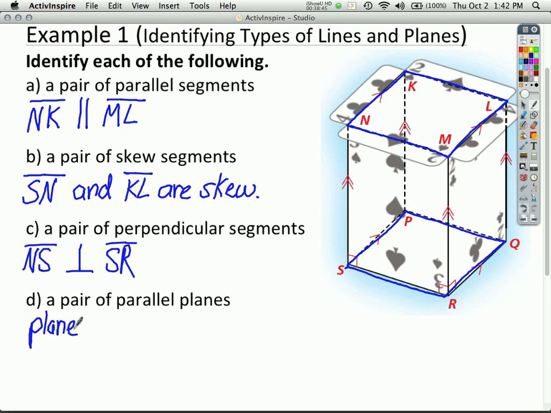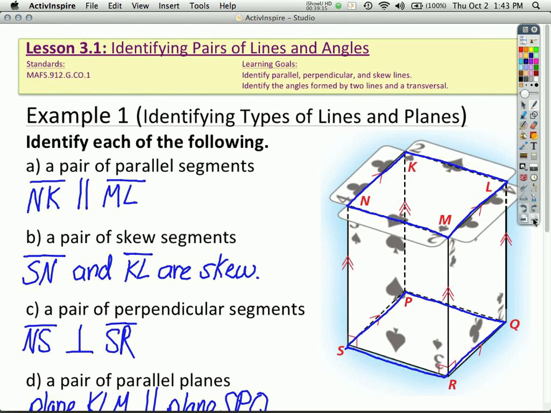We could call it plane KLM is parallel to plane SPQ. So does anyone have any questions about naming the different objects? Any questions, comments, or concerns?